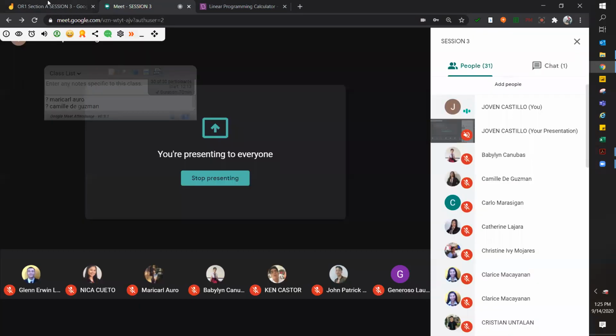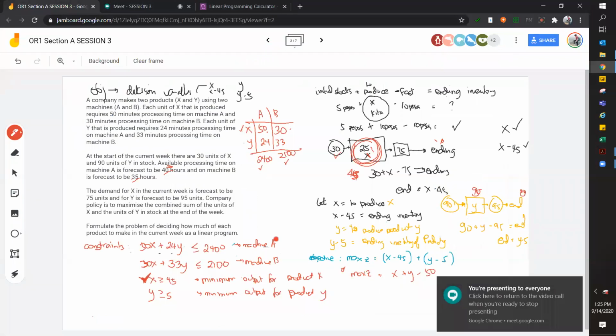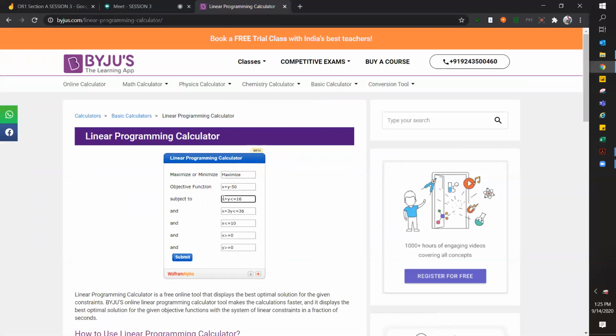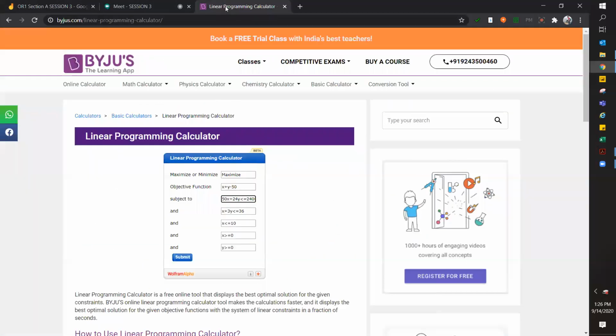Subject to first constraint na, hindi kaya eh. So okay na to. 50, 24, 24. I have 50. I have 24. And then 2,400. Next natin is 30, 30 to 1.